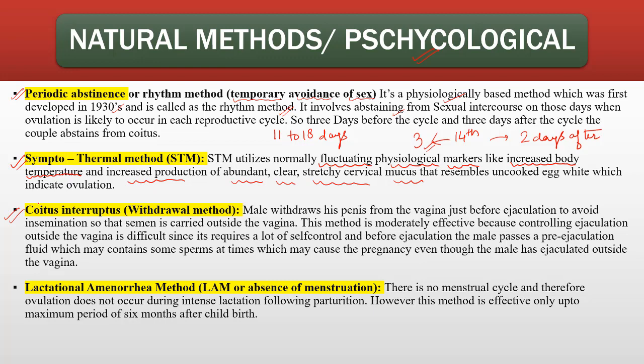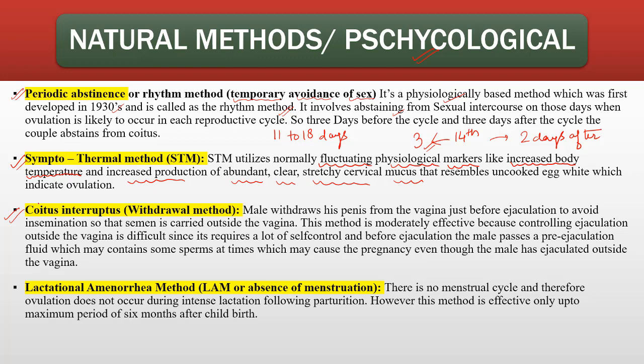The male withdraws his penis from the vagina just before ejaculation to avoid insemination, so that semen is carried outside the vagina. This method is moderately effective because controlling ejaculation outside the vagina is difficult, since it requires a lot of self-control.